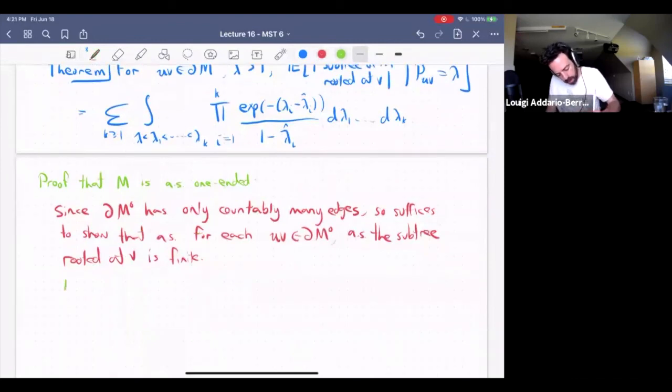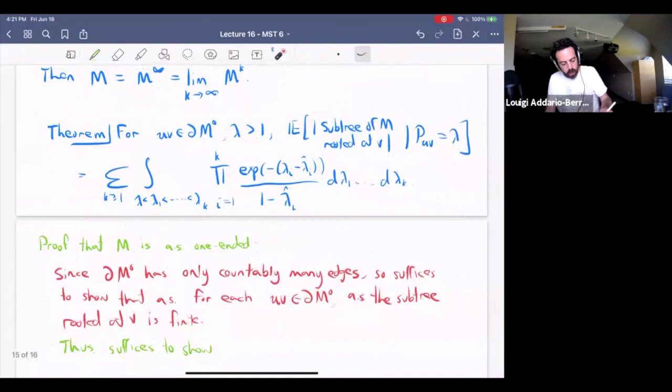It suffices to show that this integral is finite. We know this integral is telling us about the expected size of the subtree given that edge weight. So as long as this expectation is finite for any fixed value of lambda, then the tree is almost surely finite, because lambda just takes some value.